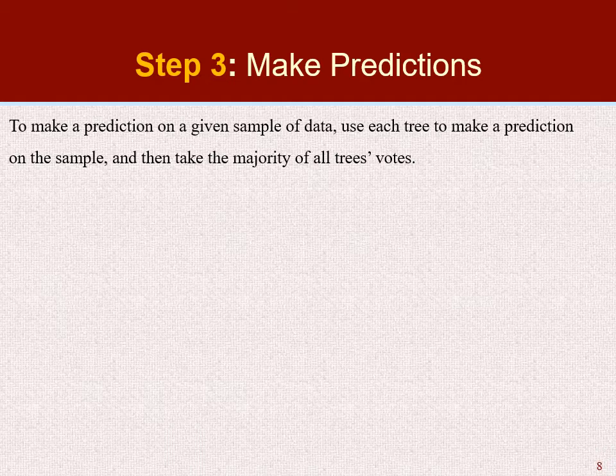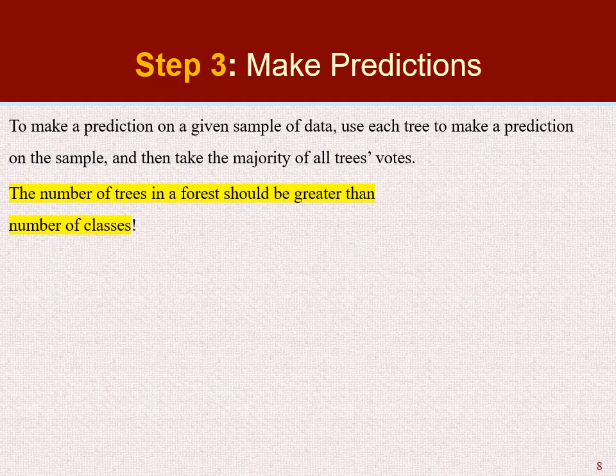It is important to remember when you are growing or building a random forest, the number of trees in your forest should be greater than the number of classes that you have. So let's see an example of how this prediction would work. Consider our Bootstrap dataset that we had before.